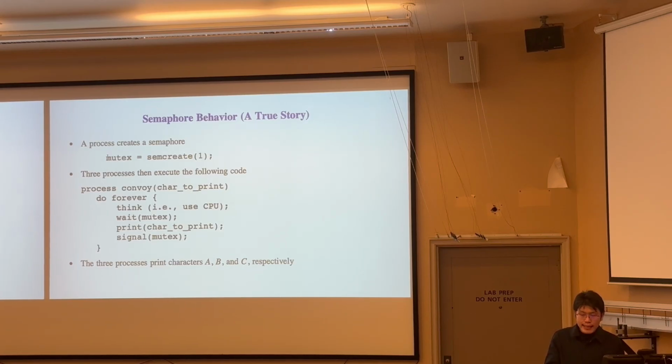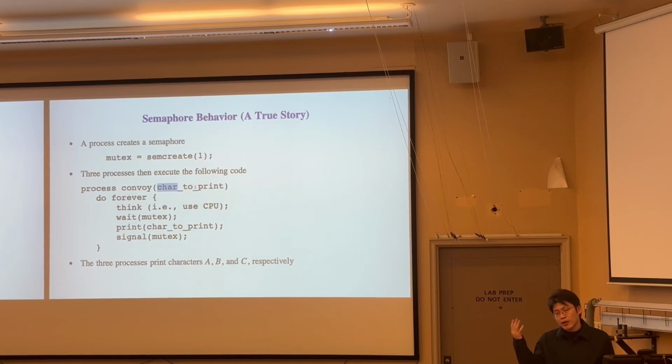We have a process, and this process creates one semaphore, initialized with the number 1. Essentially it's a mutex, a lock. There are 3 processes, A, B, and C, that execute the following code. We call this function convoy and the char print.